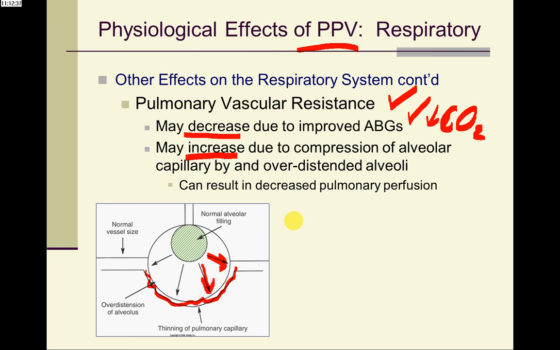Now this is important clinically because when this starts to occur, increasing PEEP and pressure in the lungs is going to be detrimental. All right, so instead of actually improving oxygenation or improving blood gases, you'll have the opposite effect because there's just simply no perfusion occurring in these areas. And you see that sometimes in neonatal patients when you actually have to back off on the ventilator pressures.